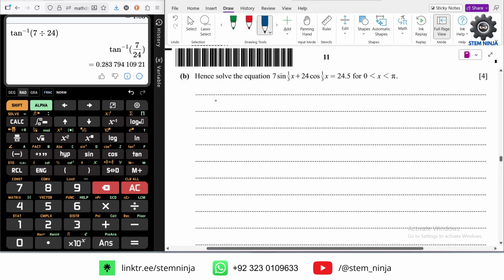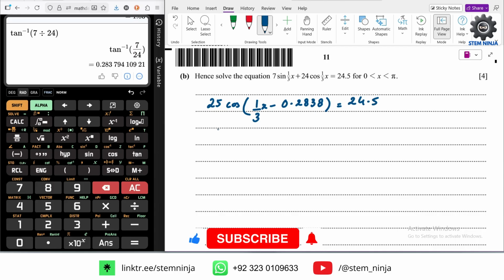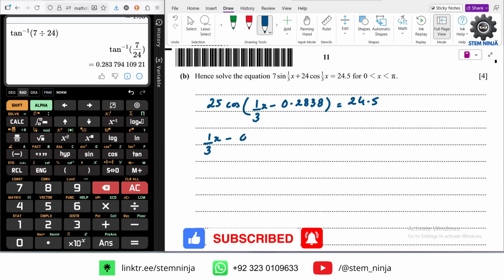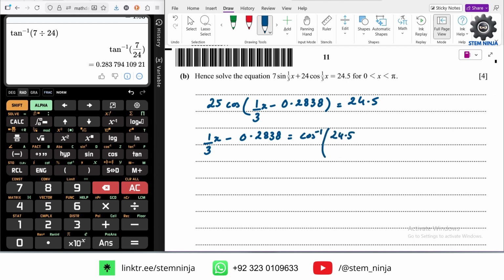So what we will do over here, we know that we have 25 cos of (1/3 of x minus 0.2838) equals 24.5. So basically we just have 1/3 of x minus 0.2838 equals cos inverse of 24.5 over 25.